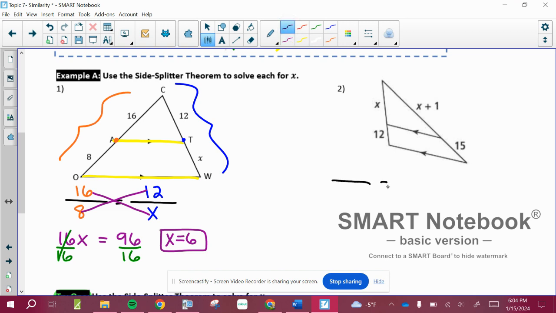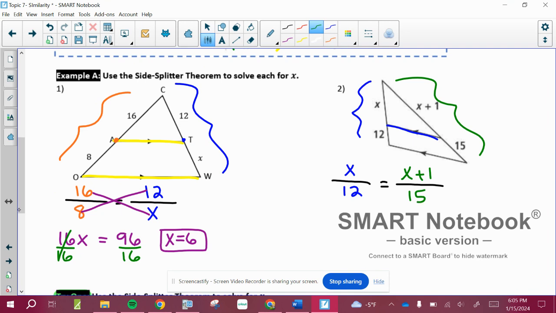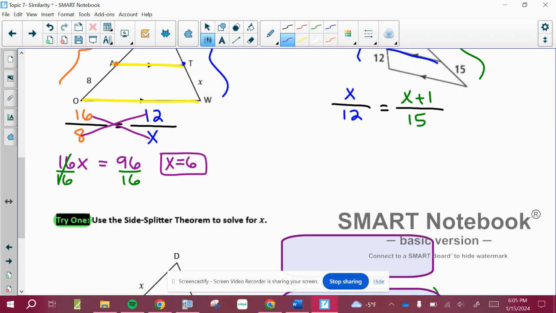So let's do a second one here. Again, I'm going to set up my proportion. I know that this segment right here is splitting my sides into two parts. So the left side, x over 12, and the right side, x plus 1 over 15. Again, making sure I go in the same order for the two fractions. Same steps as always.